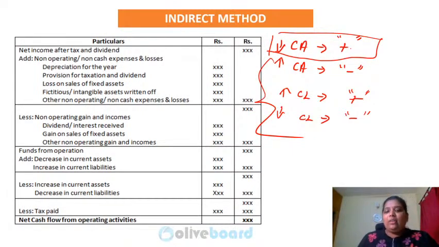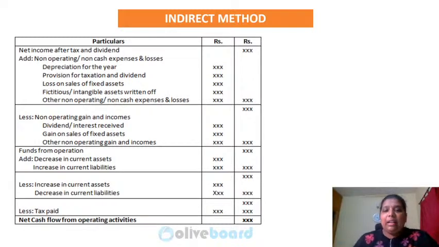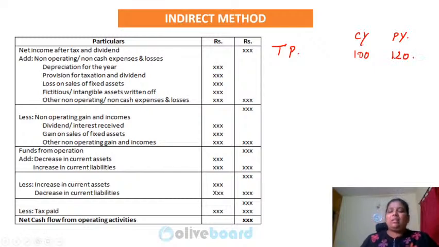Now we'll go ahead with the logic. Why are we doing plus and minus here? I'll take the example of trade payables, starting with current liability. Current year is 100 and previous year is 120. What does it mean? Previous year 120 means the opening balance.